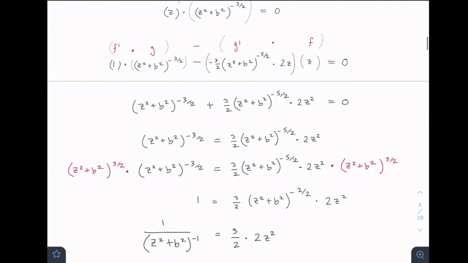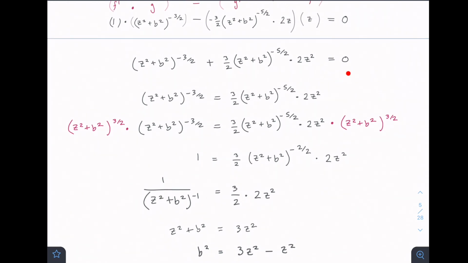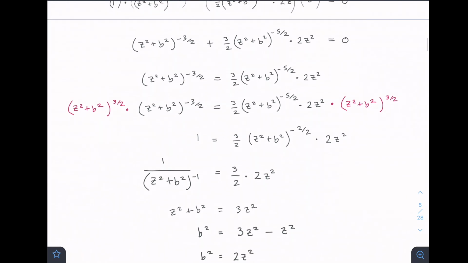Now we're going to set these equal to each other. Equals, I forgot a negative here, so minus plus, let's see if it works out anyway. Equals 0 by 2z. In this case, we multiply both sides by (z squared plus b squared) to the 3 halves, because we have a negative 3 halves here and a negative 5 halves here.